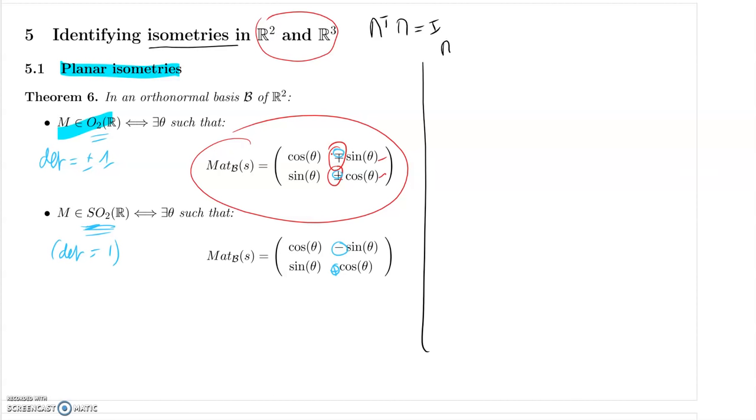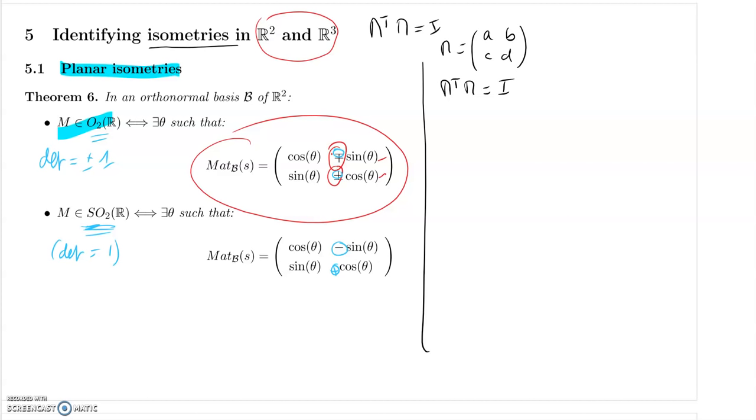If we have a matrix M in R2, it just means that it has those 4 values, A, B, C, D, and we're going to find conditions on A, B, C, and D such that this matrix is orthogonal. So let's try M transpose times M equal to the identity.